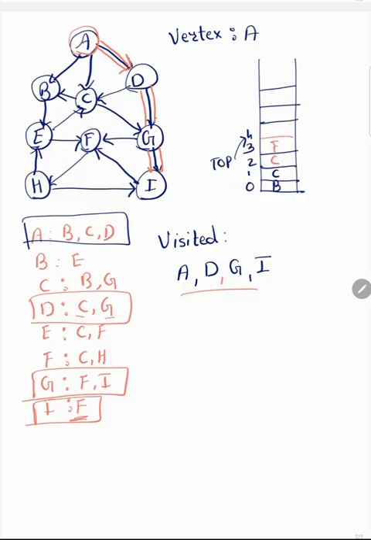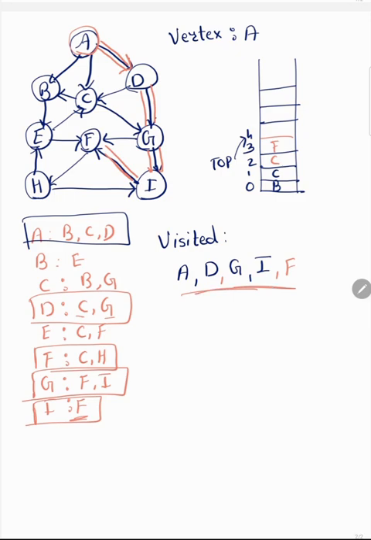Once I pop out the F, I need to mark it as visited. So I need to go from here to this. Now I need to go for the adjacent of F. The adjacent of F is C and H. You need to check whether these are available in this visited list.